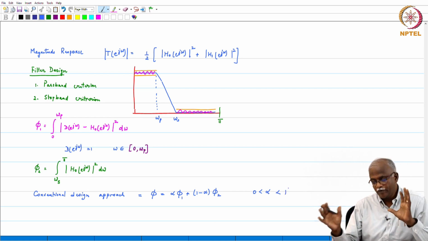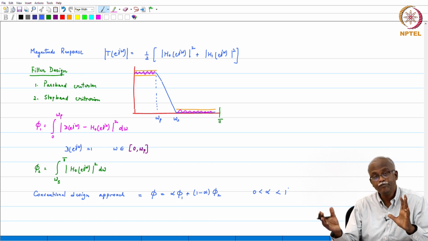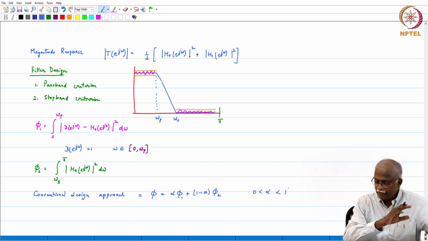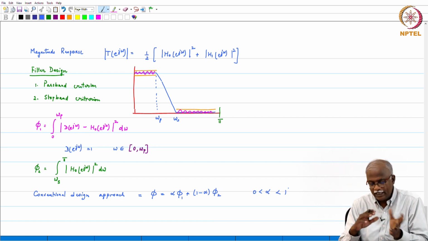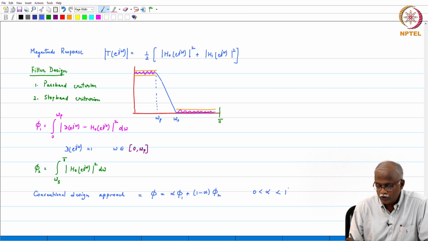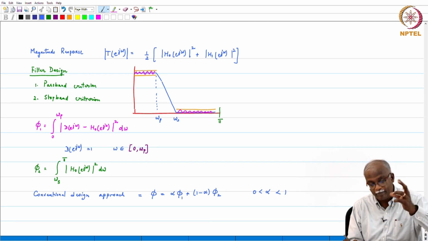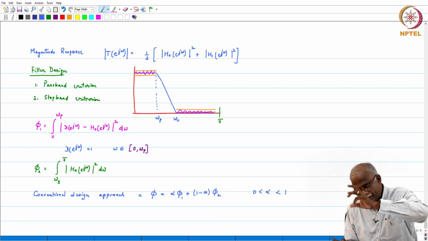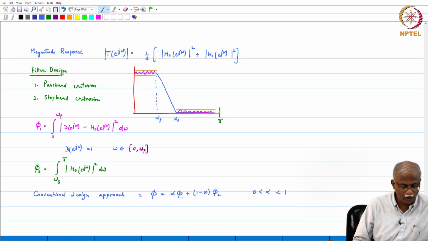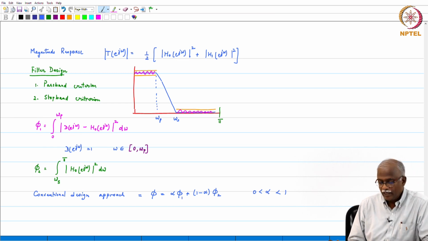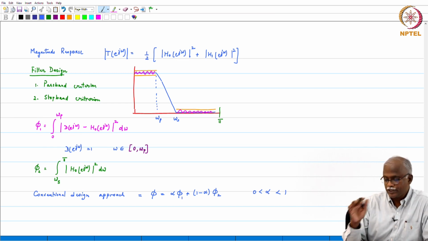So you give weighting accordingly. You can give half and half, which means equal weighting, or you can give 0.7 and 0.3, any combination. If you are more interested in the pass band, give more emphasis to the pass band error, or if you are more interested in the stop band, give more emphasis on the stop band side. Now, this is conventional low pass filter design.